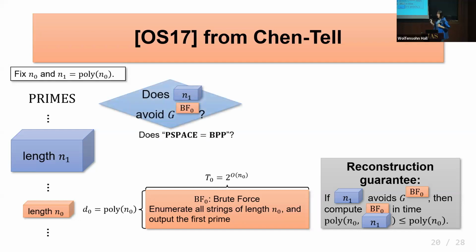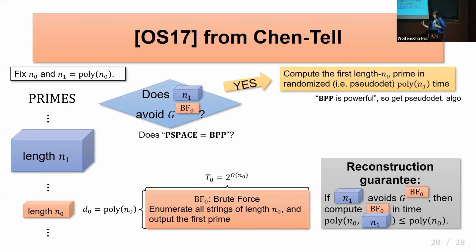Now we can perform a win-win analysis. The condition P space equal to BPP is replaced by whether the length n1 oracle avoids the generator on length n0. If it avoids, then by the reconstruction guarantee, we can construct the smallest length n0 prime in pseudo-deterministic poly(n1) time.